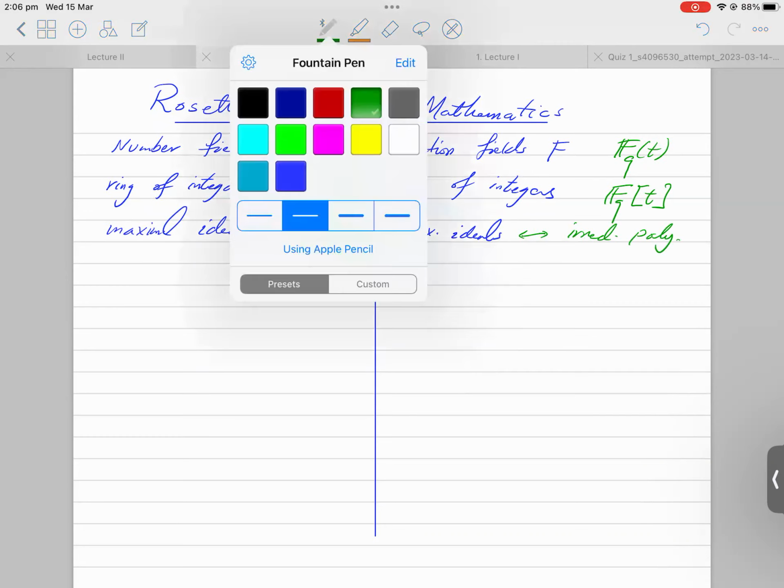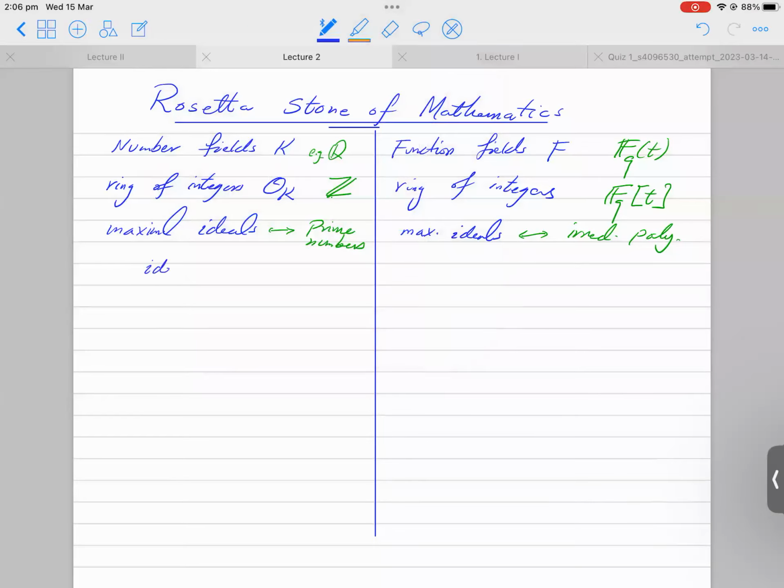Then we have the set of all non-zero ideals. The ideals in Z are just parameterized by positive integers, and the ideals in the polynomial ring are all principal ideals, generated by one element, so this is in bijection with all polynomials.